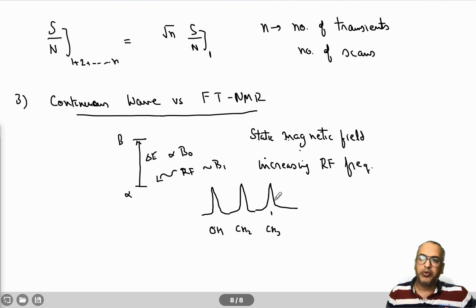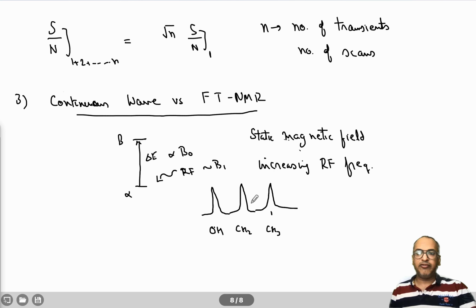Because let's say you carry out the sweep and then the transition happens, you want the magnetization to go back to the z-axis before the second transition can happen. Otherwise, if you have leftover signal or leftover transverse magnetization from CH3, it will create interference with the new CH2 magnetization.